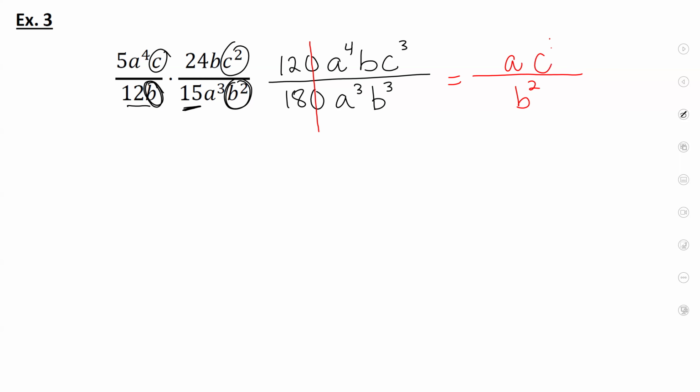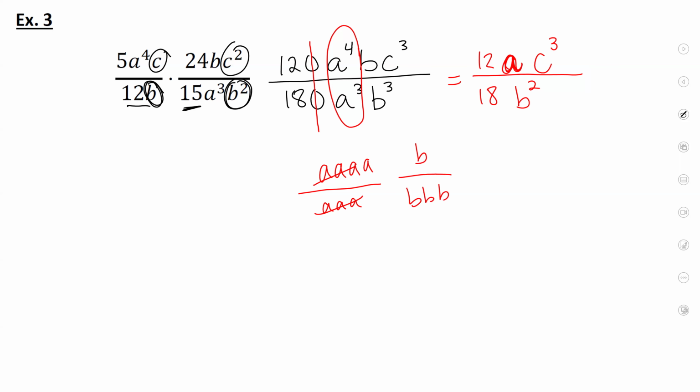And nothing cancels out with the C. Okay, let me draw some pictures so we get it. A to the 4th, that's 4 A's. Over A to the 3, that's 3 A's. Those 3 cancel with those 3, leaving me 1 in the numerator. That's how I got this A. For B, I had 1 on top, 3 on bottom. Those canceled, I'm left with 2 on the bottom, which is why I have B squared on the bottom.